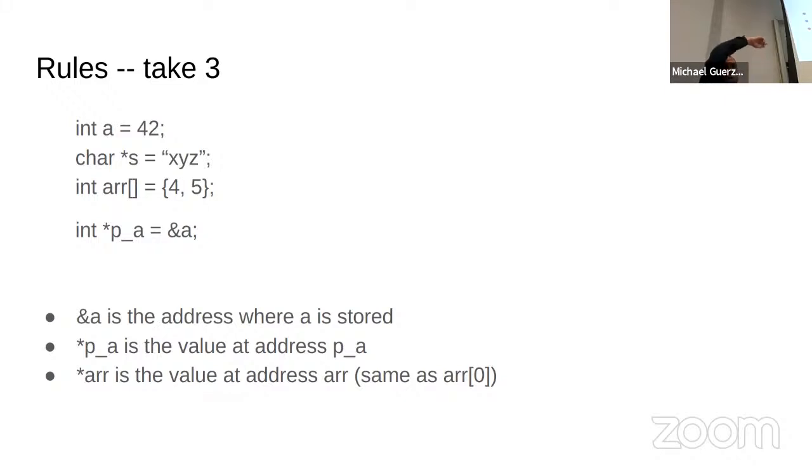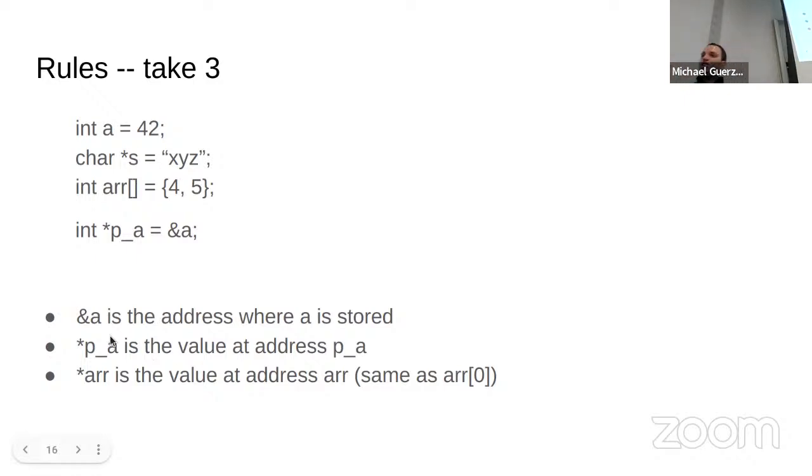In more detail, ampersand A, the address-of sign, means the address where A is stored. Star PA is the value at the address PA. It's important to see the difference between int star PA over here and star PA over here.